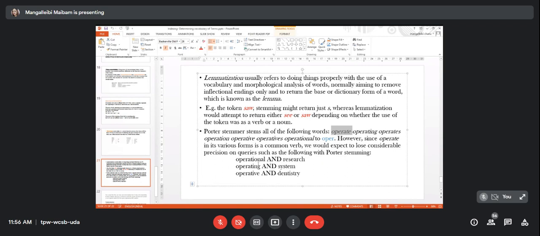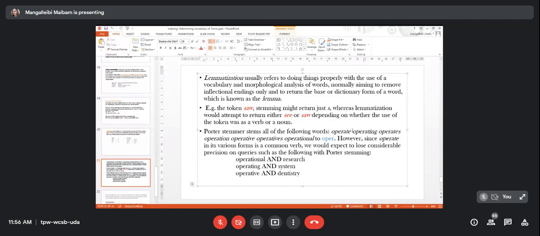Now, some examples we have seen: stemming, lemmatization. See here for this example also: operational and research, operating and system, operative and dentistry. So for this particular query, if oper is returned, this does not give you the correct meaning, so you cannot process the query.